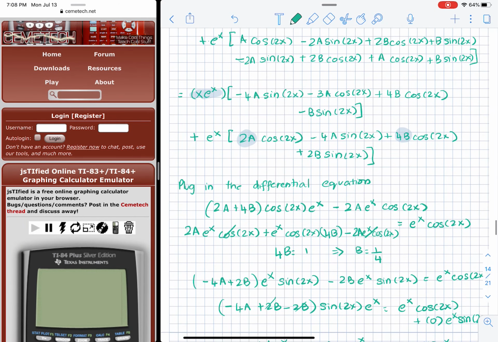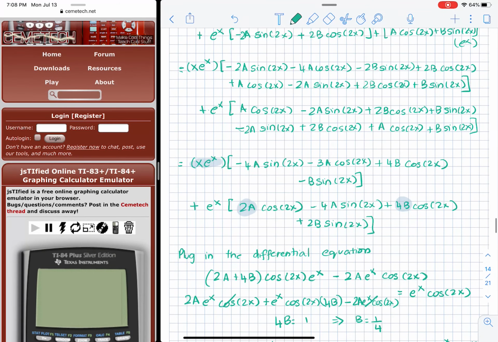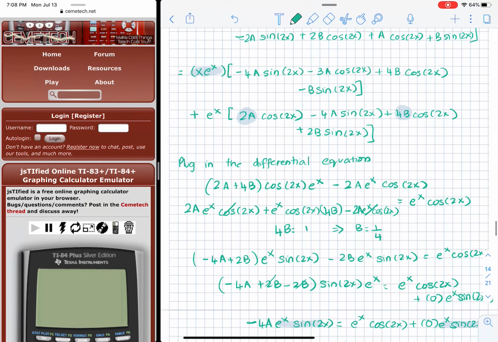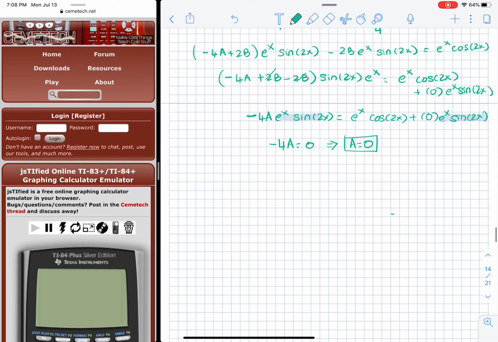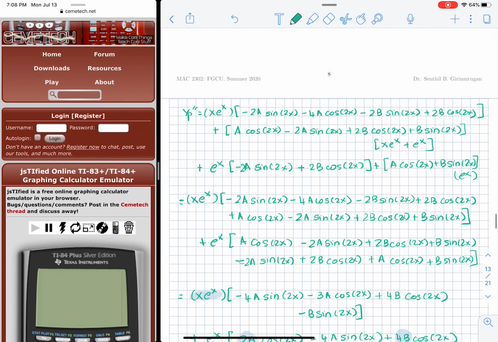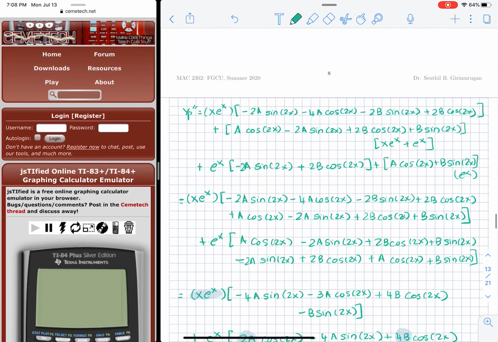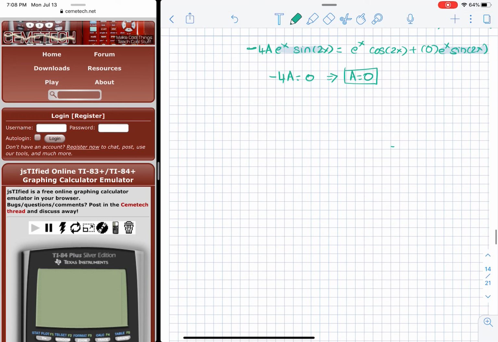Now the key to this problem is not to include the extra terms, the x e raised x, because we don't have coefficients for them, so we don't need those terms. So what we have here is a is 0 and b is 1 over 4. Plug it in the equation.